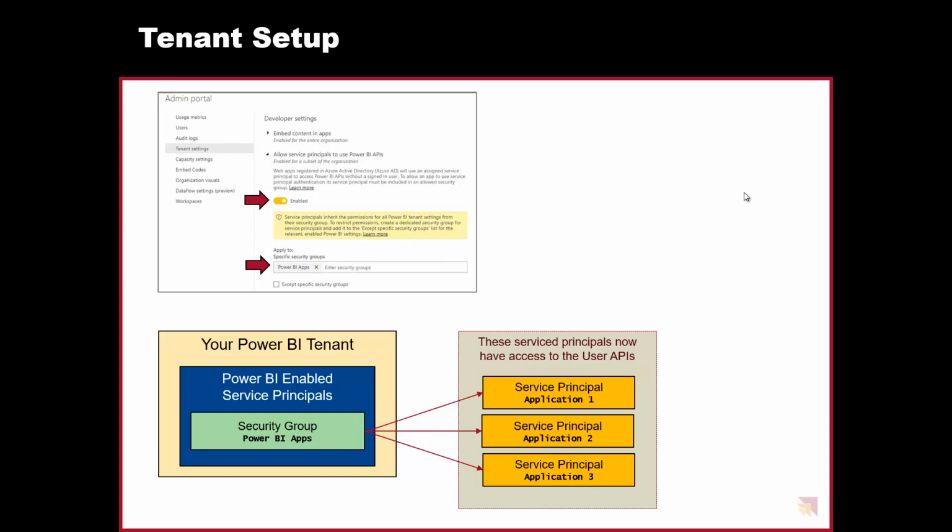But once again, your app is going to be constrained by only being able to access workspaces that it's been configured as admin. Now, one other nice thing is that once your service principal has been added to this Azure AD group, it now has the ability to actually create a new app workspace.